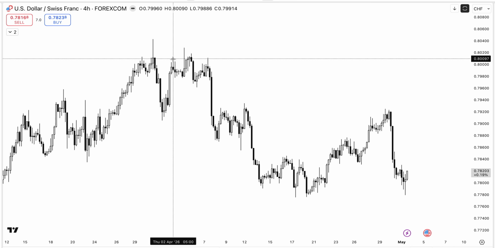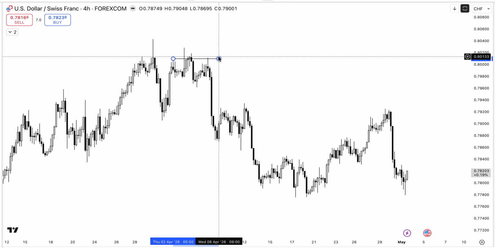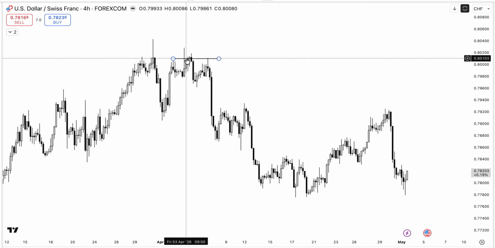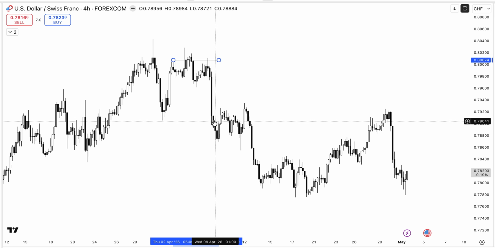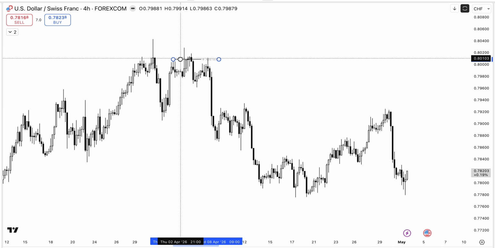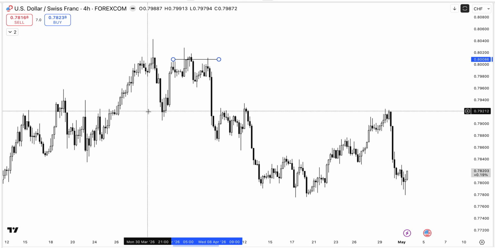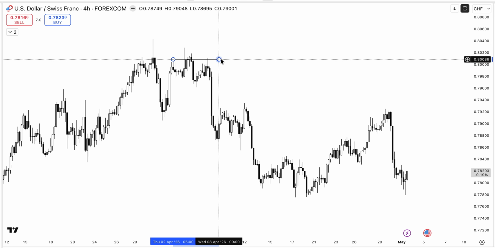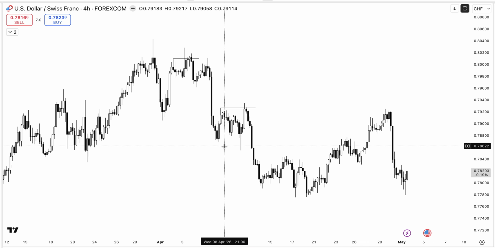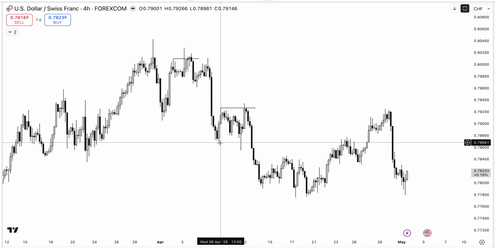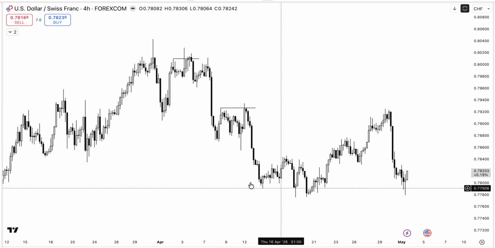You want to see a pop or a pump above a high that would be rejected, and you want to see price break through a low, right? A bearish trend is one that has a pop above a high, just like what I am drawing right now, and the breaking of lows. Breaking lows, rejecting highs, breaking lows.